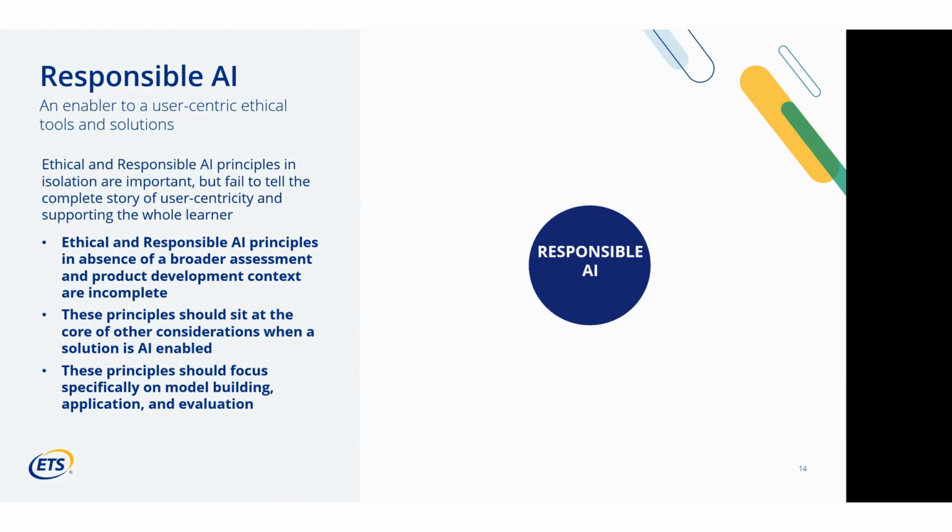In absence of broader assessment and product development context, they can be incomplete. And they should sit at the core of other considerations when AI is enabling a solution. These principles inside of the circle in responsible AI should focus specifically on model building, application, and evaluation, which our scientists here at ETS are doing an incredible job of.